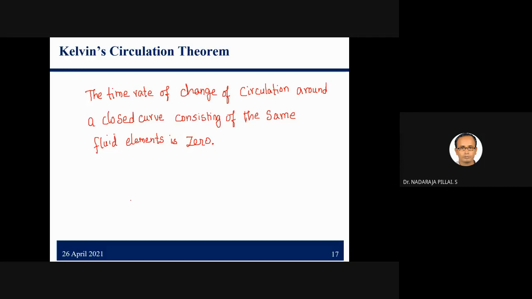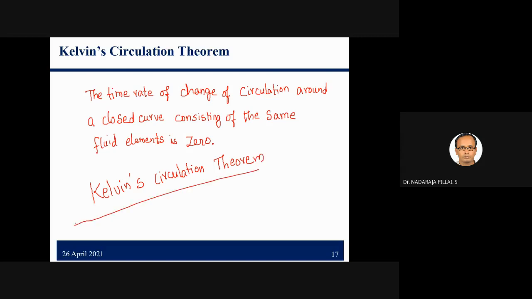So this is the Kelvin's circulation law, right? Kelvin's circulation theorem.